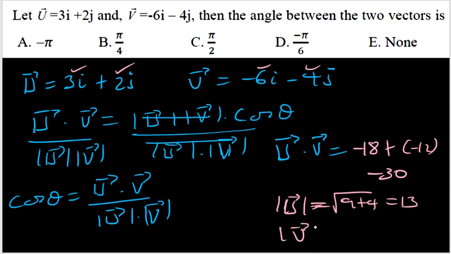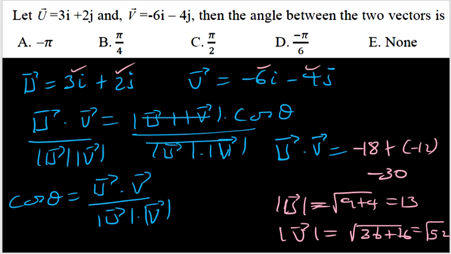Magnitude of v also, the square root of 36 plus 16, which will be 52 in the square root.